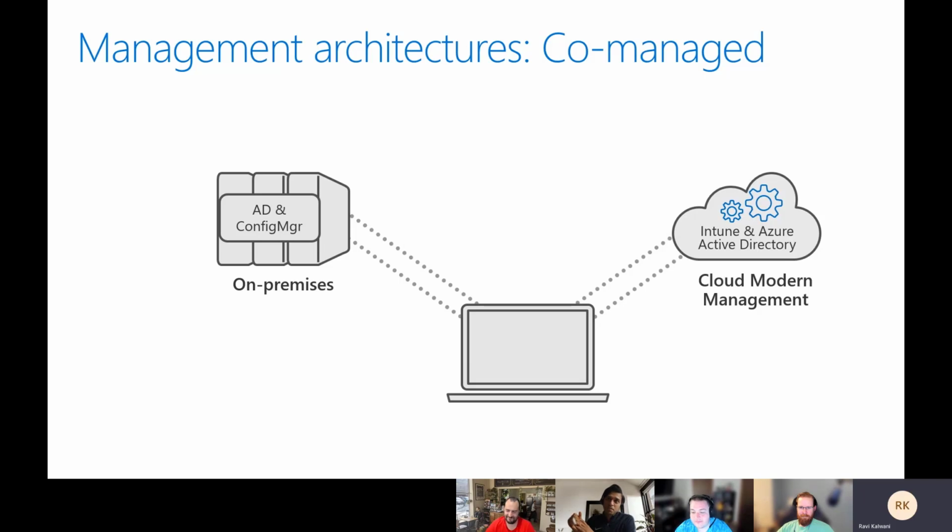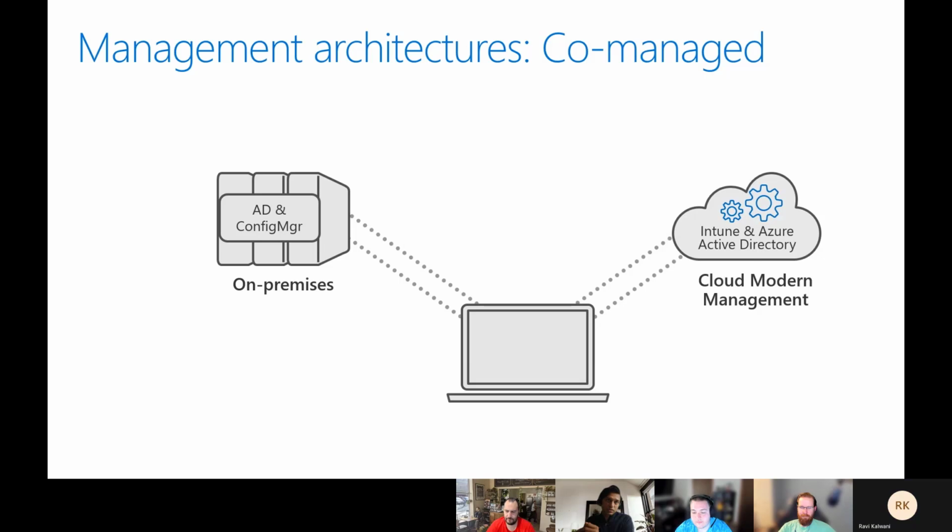A device may or may not be managed by on-prem Active Directory and Azure Active Directory at the same time. As long as the device has the Config Manager agent and is enrolled into Intune, the device would be considered co-managed.